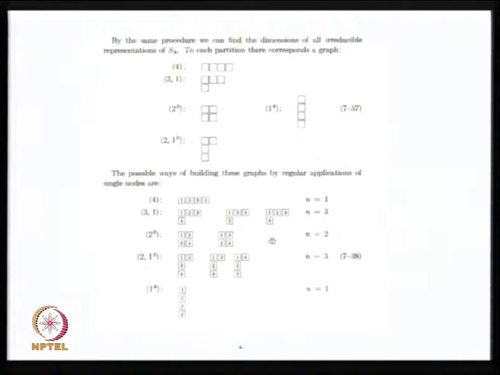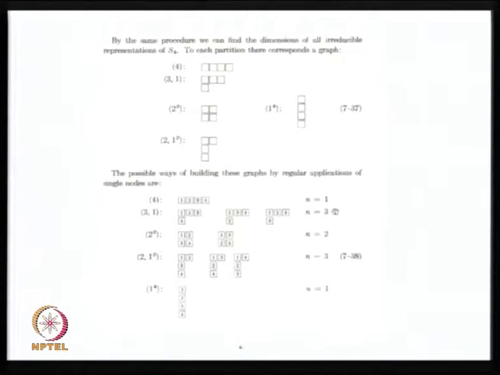Such conjugate patterns have the same sizes, and the 2 squared pattern goes into itself, so it is self conjugate. The other thing we can now check is that 1 squared plus 3 squared plus 2 squared plus 3 squared plus 1 squared should add up to the S4 size.